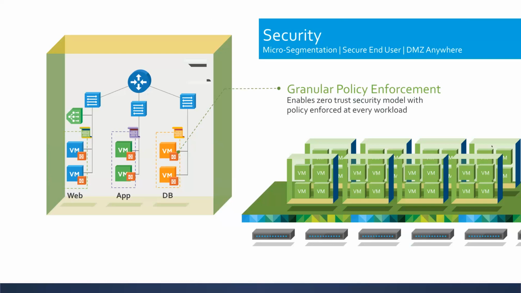It inherently does that to provide that granular policy and that zero trust method, which we know and love. You definitely have some type of whitelist there, as opposed to permitting anything and denying what you don't want. You're denying everything and permitting only what you need. This assists in microsegmentation and secure end user and DMZ anywhere.